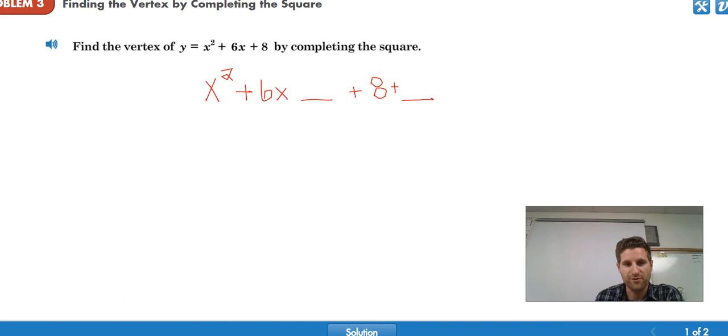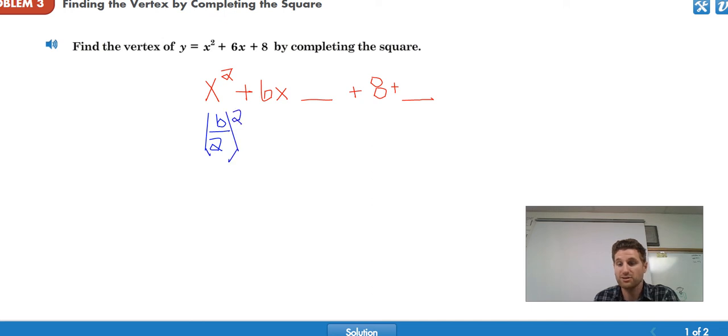To solve this, completing the square is b over 2, which you notice is very similar to what we were using before. So b divided by 2, squared.